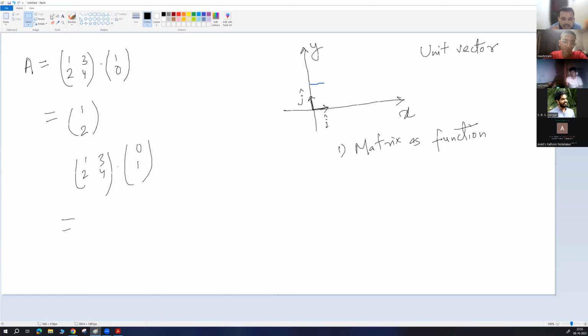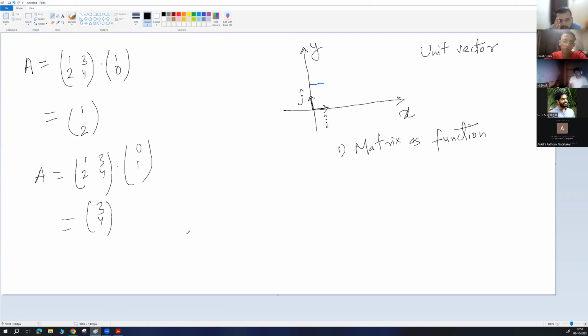So we can see that it did something to the unit vectors on the x-axis and y-axis. It transformed them and returned them back. This matrix scaled them and returned back two vectors, our I cap and our j cap.